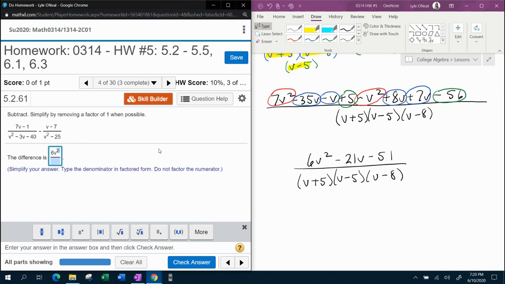If it's not, I'll have a chance to simplify it. All right, so then in the bottom we have V plus 5, V minus 5, V minus 8. All right, fingers crossed.